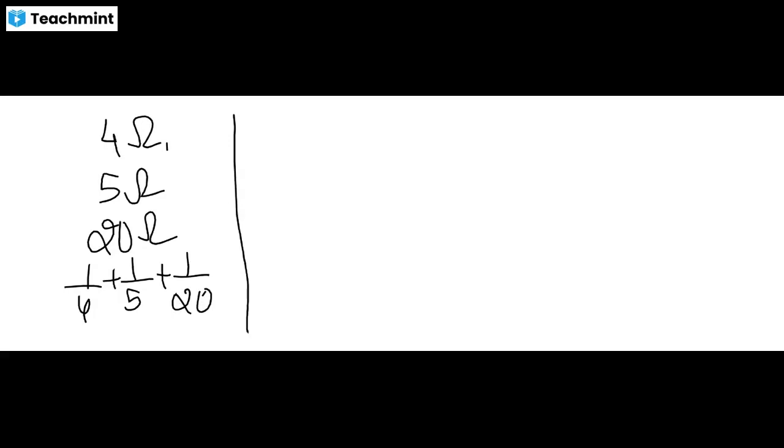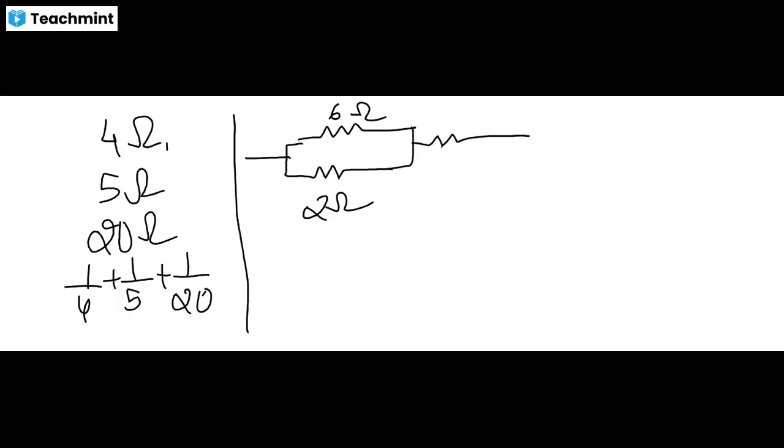Yeah. So then next one, in the given circuit, this is the circuit: 6 ohms, here it is 2 ohms, and here it is 6 ohms. Calculate the combined resistance. First two resistors are in parallel, third resistor is in series. Okay. So calculate the combined resistance.